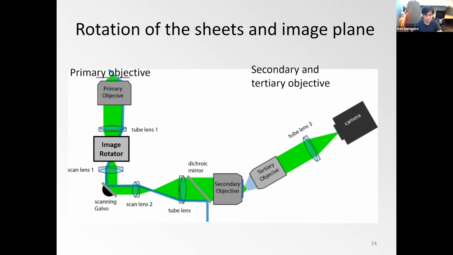So in the operation, and I apologize, I do not have a fancy animation that shows it, but essentially the excitation light comes in, it gets rotated, and as such, the azimuthal angle of the light sheet changes, and the fluorescence light returning gets derotated.